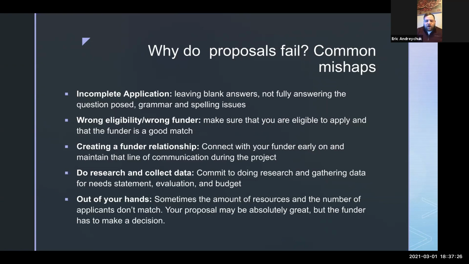The other thing is wrong eligibility and wrong funder. I talked about this at the beginning. So make sure that you are an eligible entity that can apply to a funder, and make sure that's a good match.